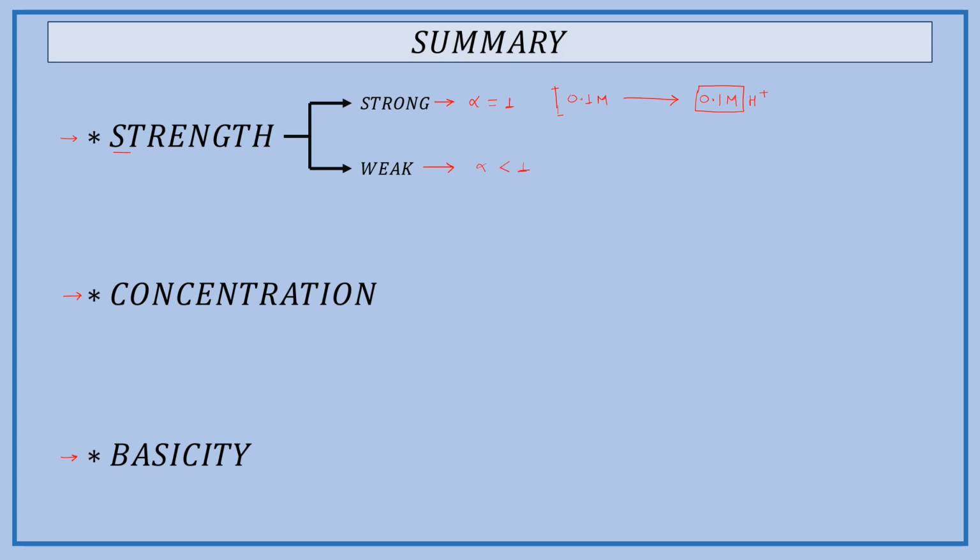So only a fraction of the weak acid will get dissociated. The concentration is going to be less than 0.1 molar here, and we require the Ka value of the acid to calculate any further. This Ka can be related to alpha, the degree of dissociation, as we saw. Then it depends on its concentration.